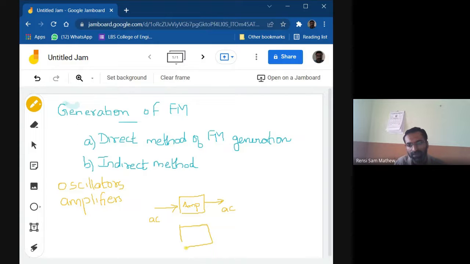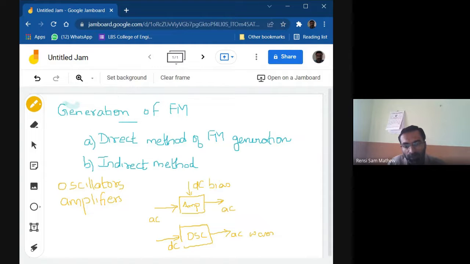But oscillators take a DC voltage. In fact, amplifiers also require DC voltages. So an amplifier needs a DC bias, and what it gives as output is AC. But in oscillators, you give the DC bias and you generate the AC waveforms. So these are the two important classifications of devices in electronics: they will be either amplifiers or oscillators.